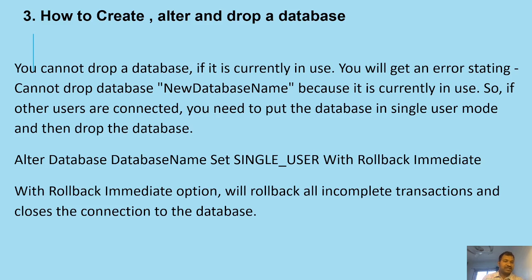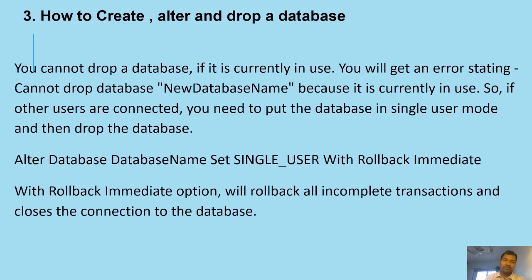Below is the syntax: alter database name, set single user with rollback immediate. The rollback immediate option will roll back all incomplete transactions and close the connections of users connected to the database. Then it will drop the database.